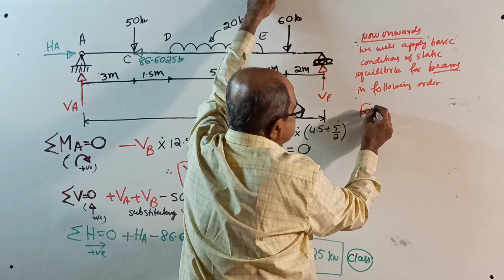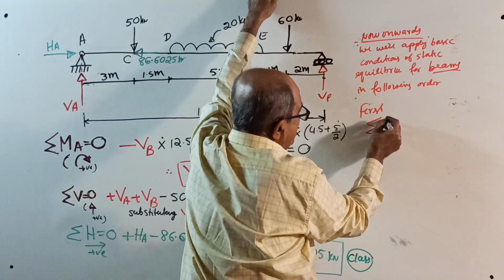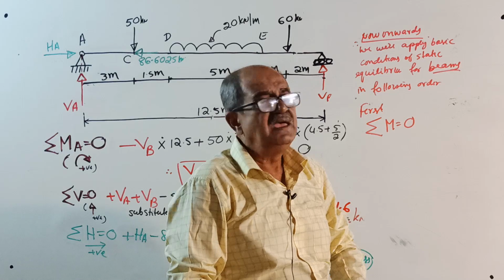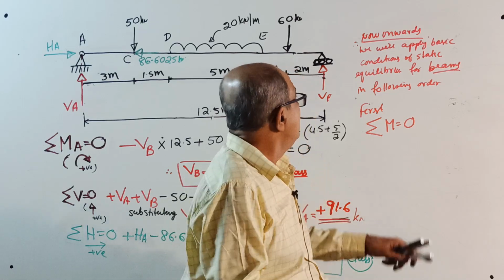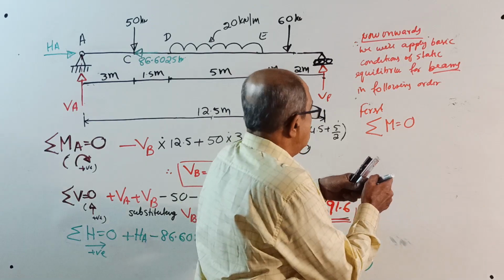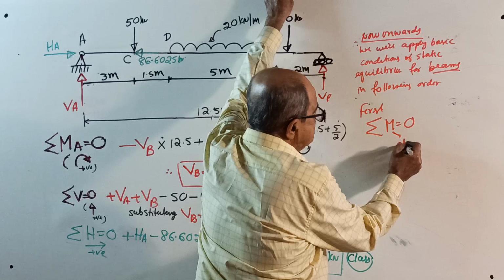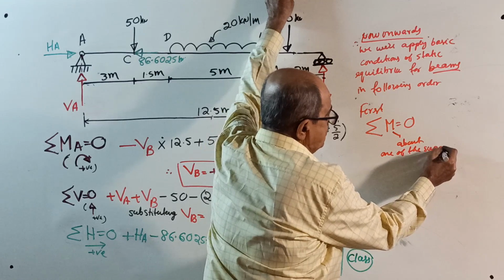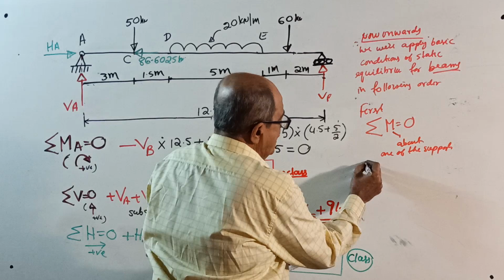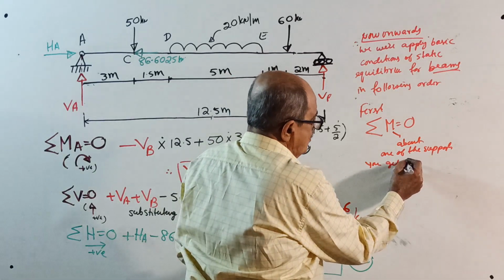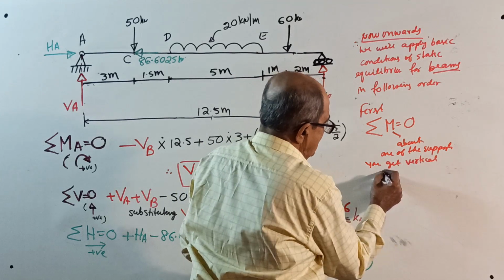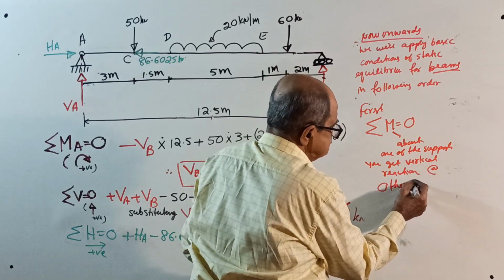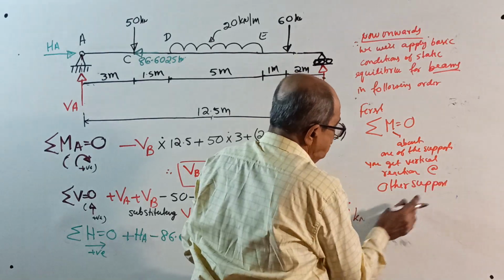First, sigma M equal to 0. Algebraic sum of moment of the entire force system considering both action and reaction about any point equal to 0, but the moment you consider about one of the supports. Over. You get vertical reaction at the other support. Over. Now you write.